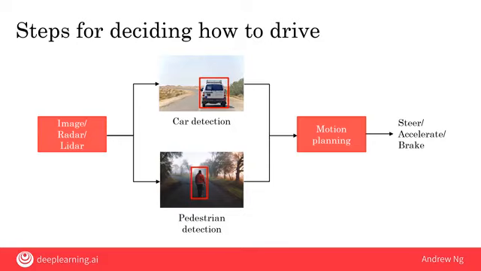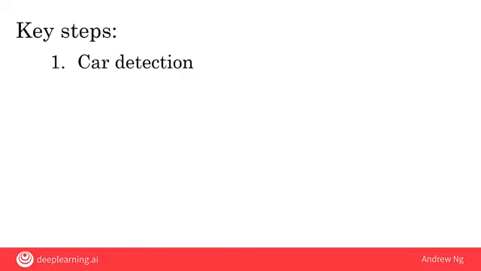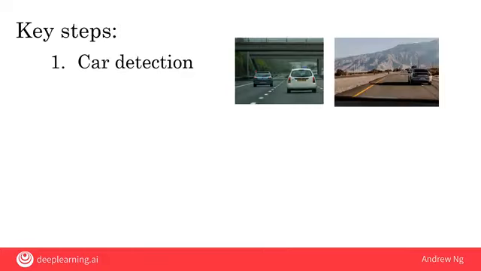Let's look at the three key steps of car detection, pedestrian detection, and motion planning in more detail. Car detection uses supervised learning. So you've already seen how a learning algorithm can take as input pictures like these and output the detected cars. For most self-driving cars, rather than using only a front-facing camera, a camera that looks forward, we'll also often use cameras that look to the left, to the right, as well as to the back, so you can detect cars not just to the front, but all around.